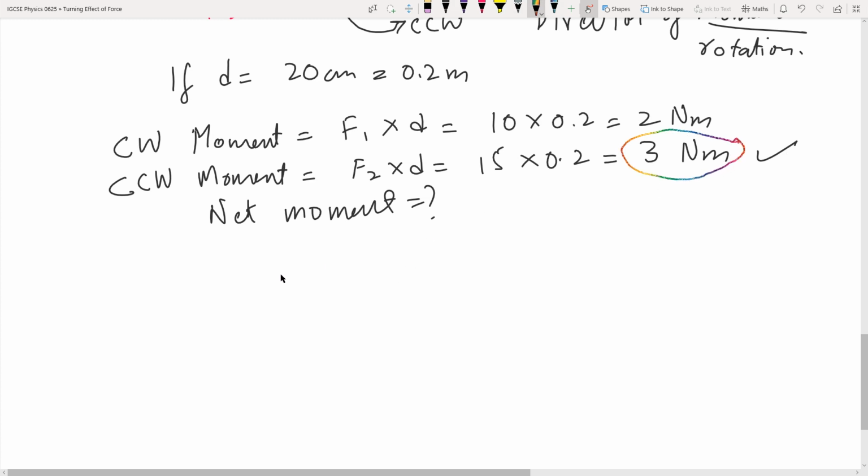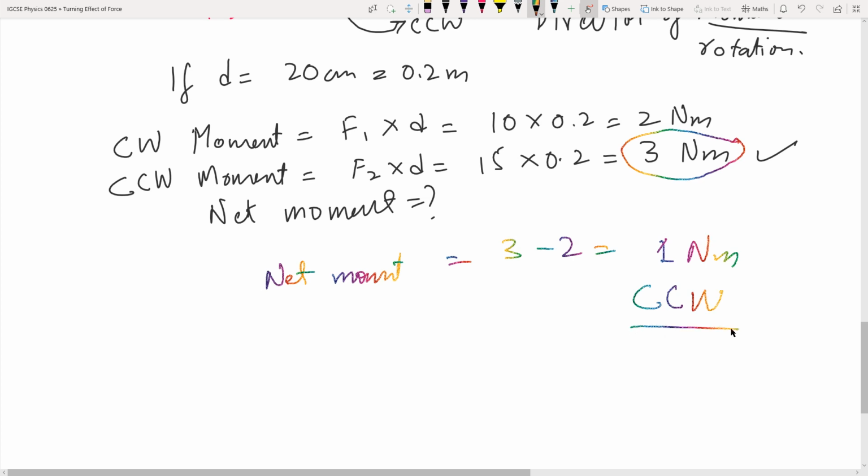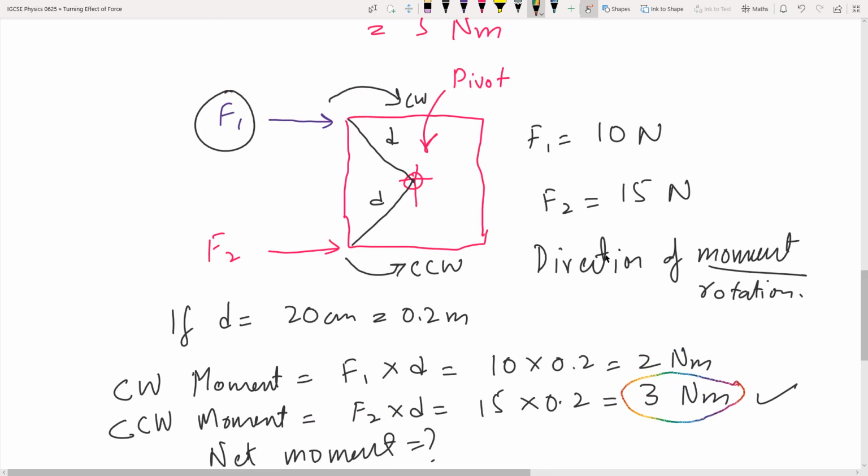So the net moment is equal to 3 minus 2, which is 1 Newton meter, and the direction is counterclockwise. So that's your net moment. It will rotate in the counterclockwise direction, because that one was greater.